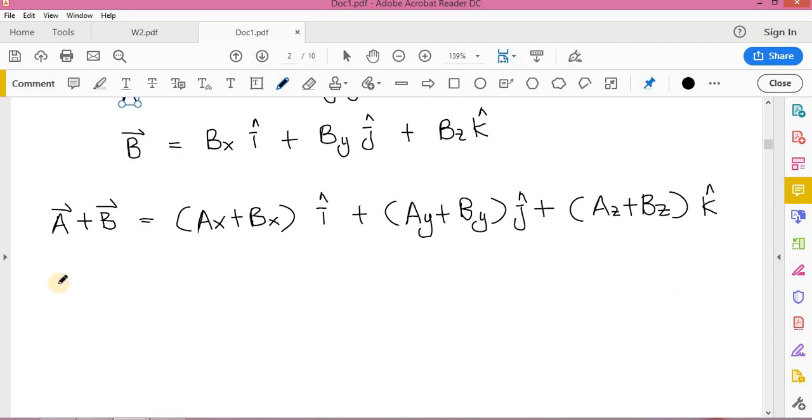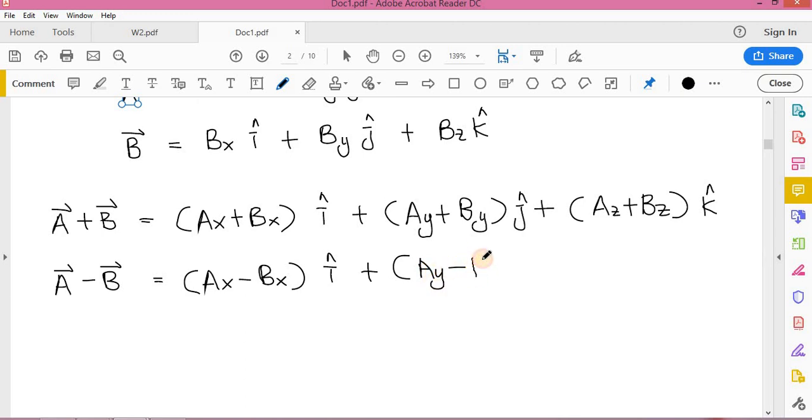It is the same for subtraction. If A has to minus B, what do you have to do? Because A is first, you put A first: AX minus BX, AY minus BY, and AZ minus BZ.